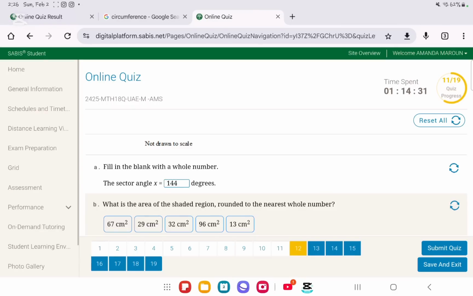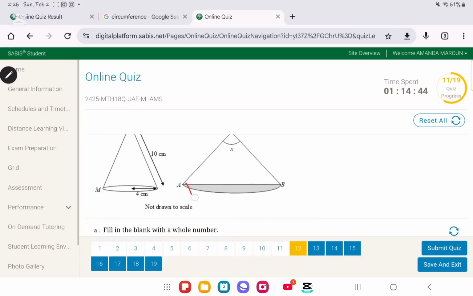For the last question, I'm not really too sure of it. I prefer you would ask your teachers about it. I've tried many ways, I got many different answers, and the way that seemed to work the most was that I found this side. To find this side, I applied the cosine rule. I think you all know how to do the cosine rule. So I did 10 squared plus 10 squared, minus 2 times 10 times 10 times cosine of the angle in between them, which is 144.